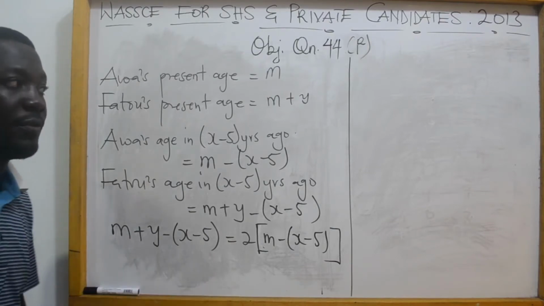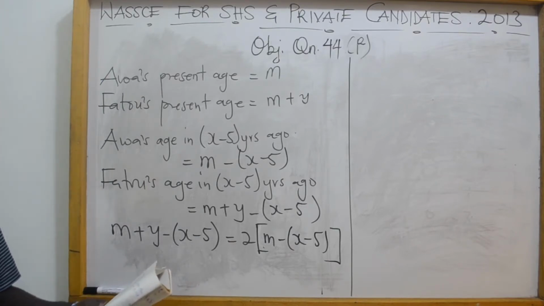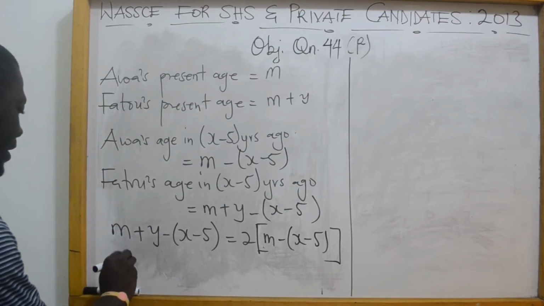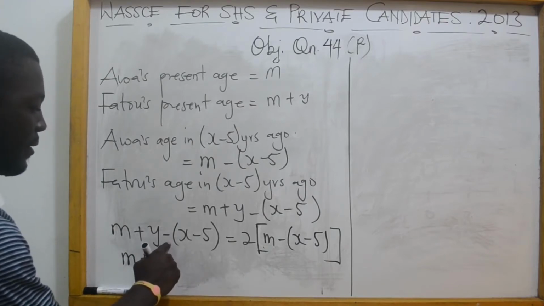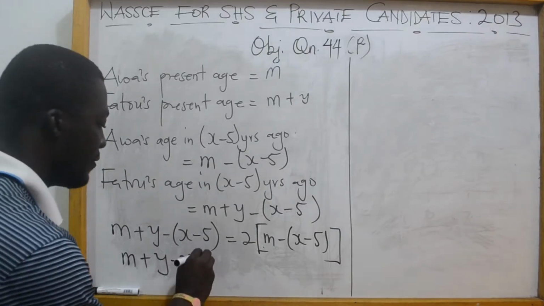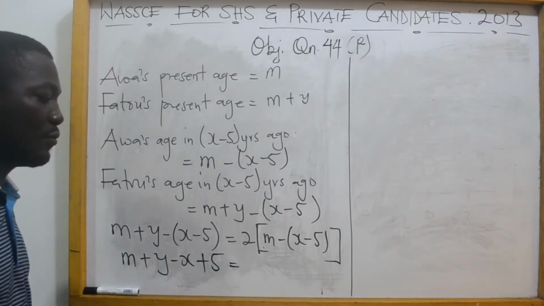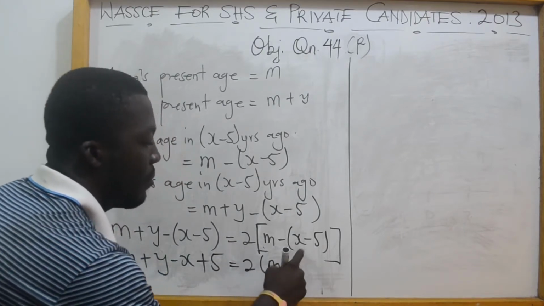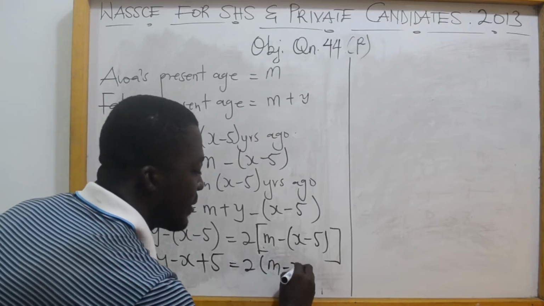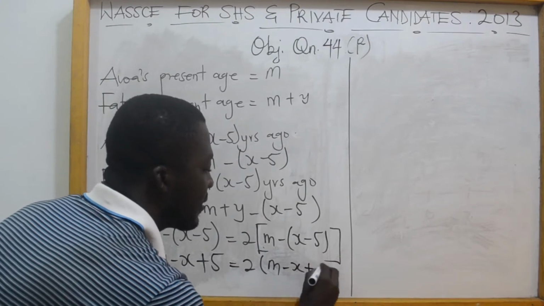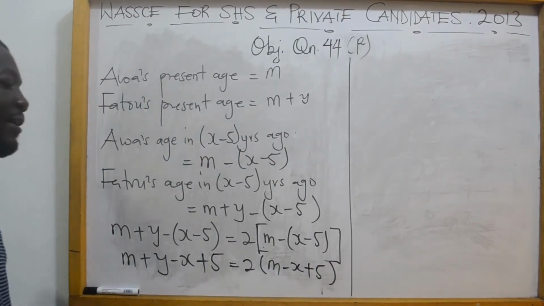So with this expression, we are going to make x the subject. But let's do some expansion and continuation. We will get m plus y minus x, negative times negative 5, so plus 5, is equal to 2 into bracket m minus x, then negative times negative 5, which is plus 5 there.